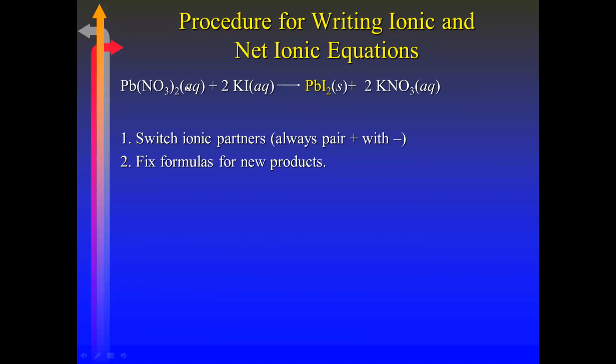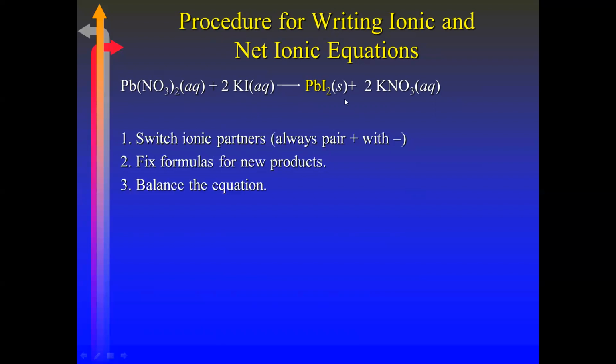This is the default procedure and the way we do it. So this positive will combine with this negative. That means they switch or exchange partners. This negative will combine with this positive.